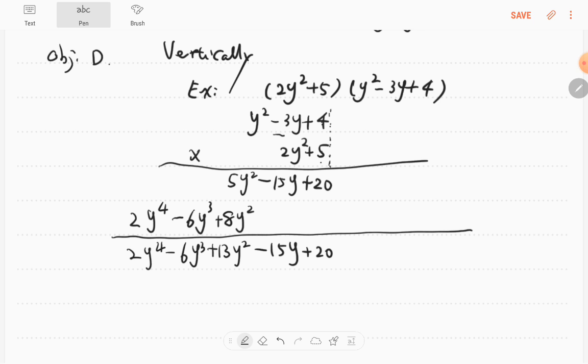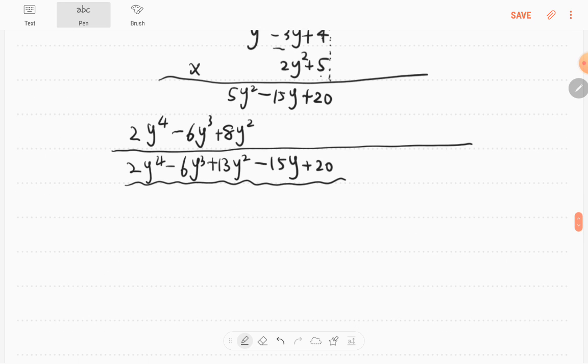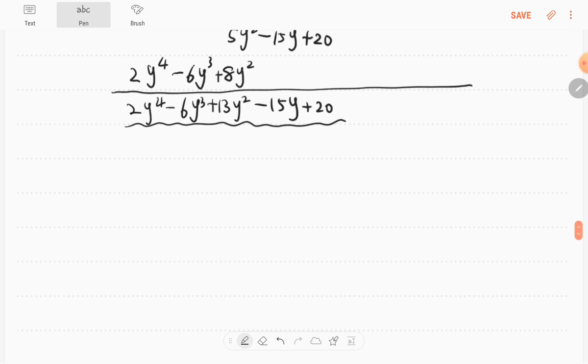So that's how we get the answer. Right? You will realize we already simplified our answer because we already lined up the like term. So we have the simplest form of our answer. Okay, let's check another one.